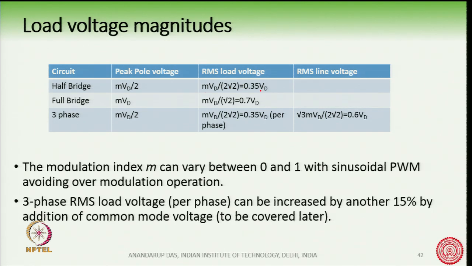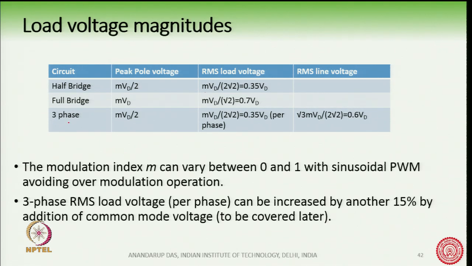In case of a full bridge, we can get double the voltage of the half bridge. So, from a full bridge we get m Vd as the peak pole voltage, and the RMS load voltage is m Vd divided by root 2, that is 0.7 Vd. That much AC voltage we can get from the full bridge.